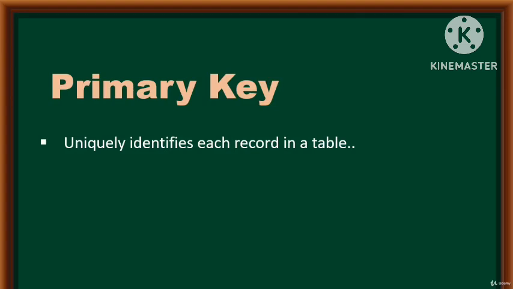A null value basically is a value that is not represented, is unknown. So there must be a key that identifies each record uniquely in a database table. Also, a table can have only one primary key, which can consist of a single or multiple fields.